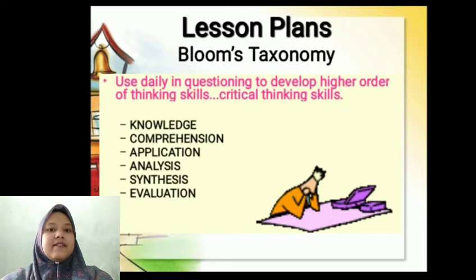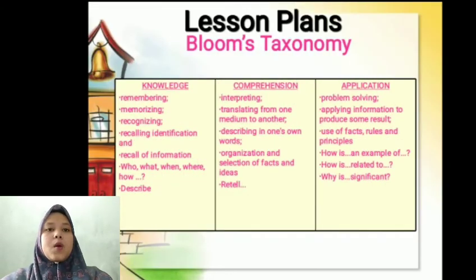There are 6 levels in Bloom's taxonomy, and they are arranged from low level to high level. Number 1 is knowledge. It involves the recall of specifics and universals, the recall of methods and processes, or the recall of a pattern, structure, or setting.